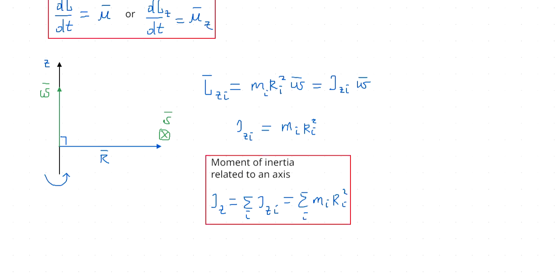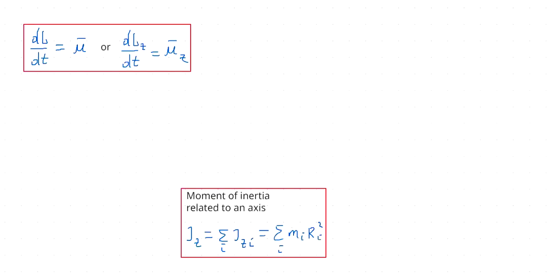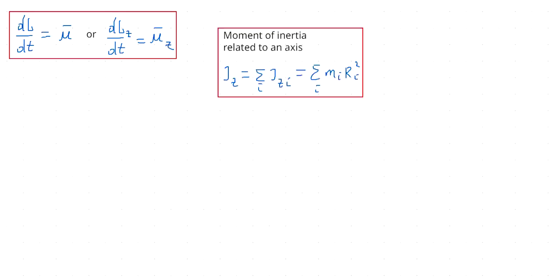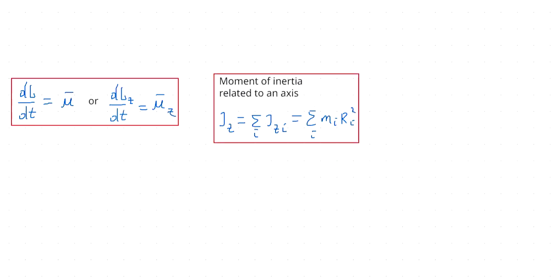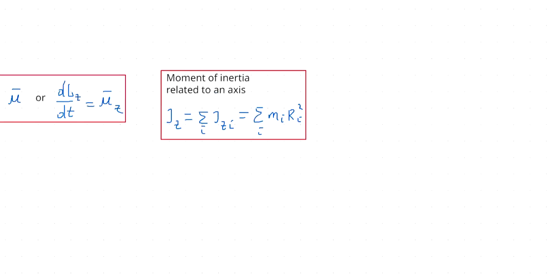And now it is necessary to say a few words about calculating the moment of inertia of a perfectly rigid body. A perfectly rigid body consists of an infinite number of material points. In this case, what can we do?